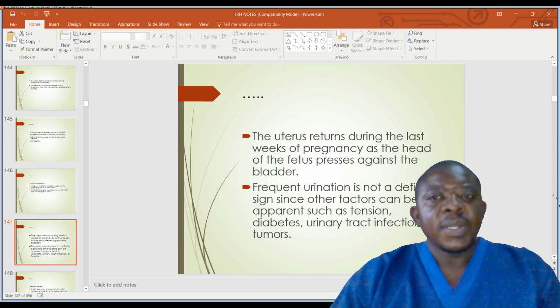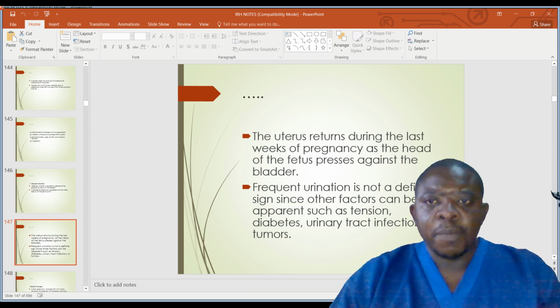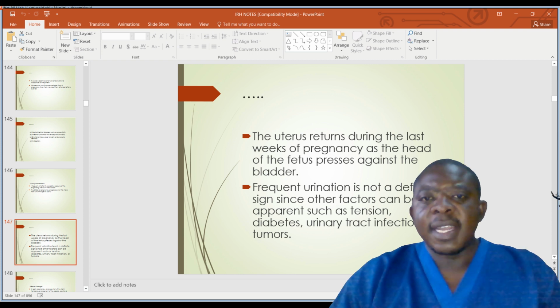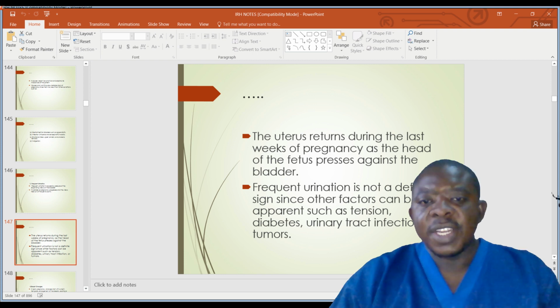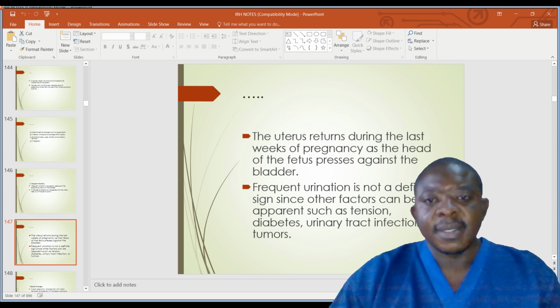It returns during the last weeks of pregnancy as the head of the fetus presses against the bladder. Frequent urination is not a definite sign since other factors can be apparent such as tension, diabetes, urinary tract infections, or tumors.